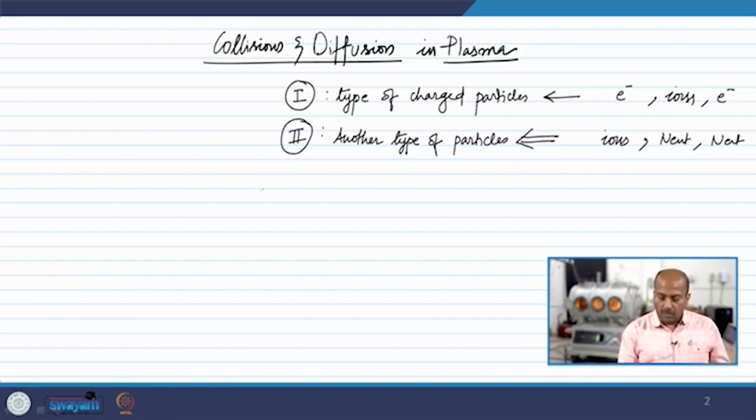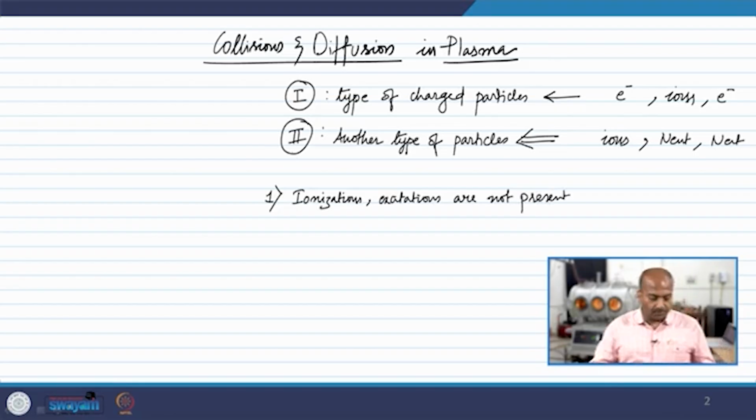Let us say number 1, we will consider the particles move very slowly and such that there is no ionization. That means the thermal velocities associated with the particles are very small and ionization or excitations are not present inside the plasma.